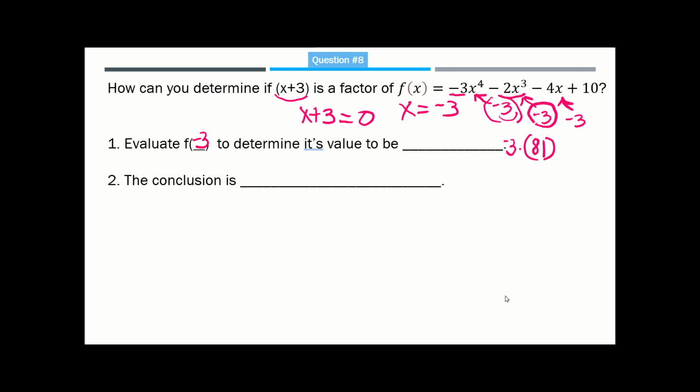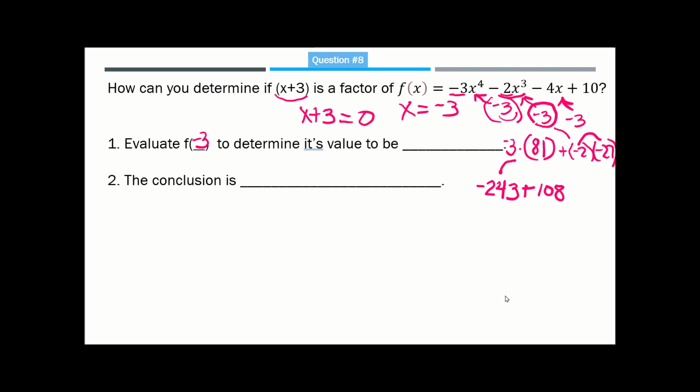So we're going to have negative 27 times a negative 2. Negative 3 times 81. I'm going to go ahead and multiply that out. It's negative 243. And then negative times a negative is a positive 108.